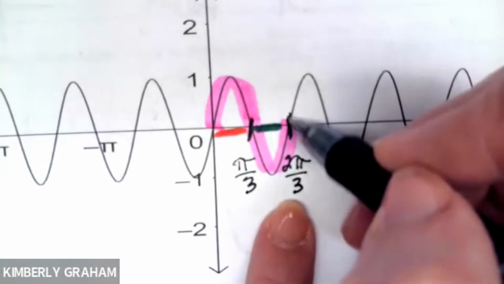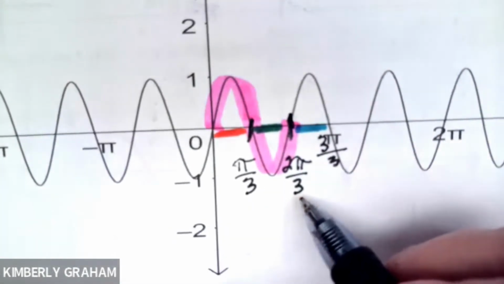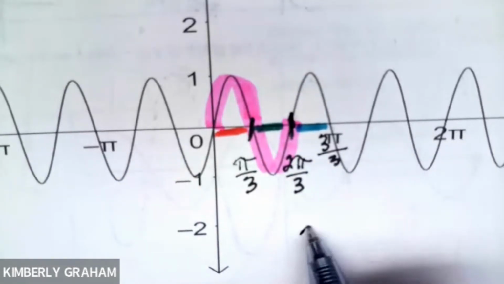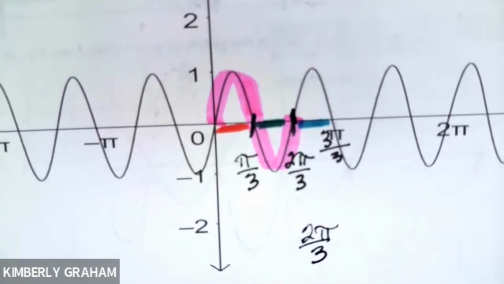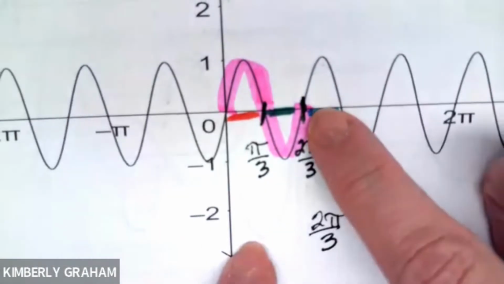So this point right here is 2 pi over 3. Any questions on how I got that point? I think it's easy to draw out your part that's highlighted there in pink. The tricky part is figuring out what that point is.